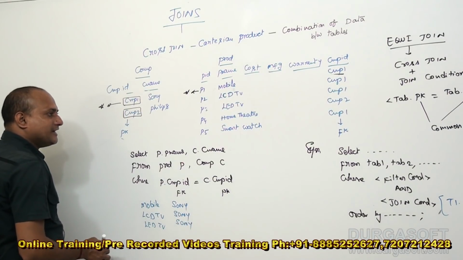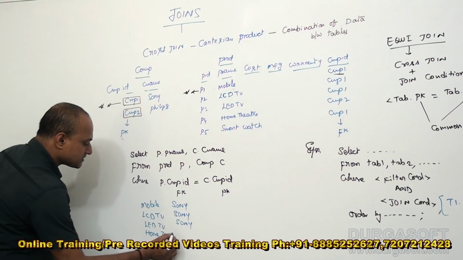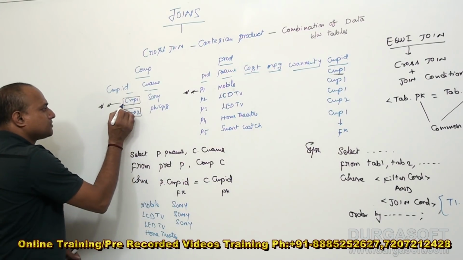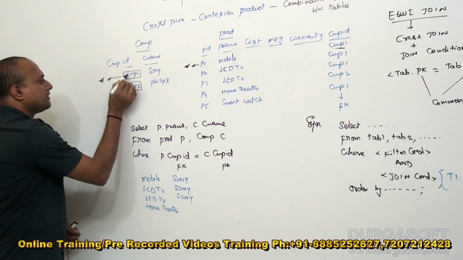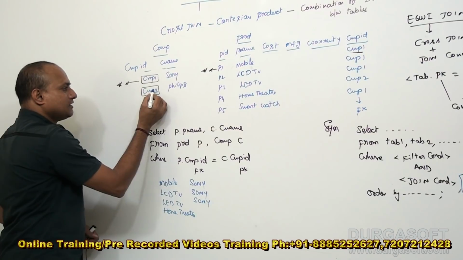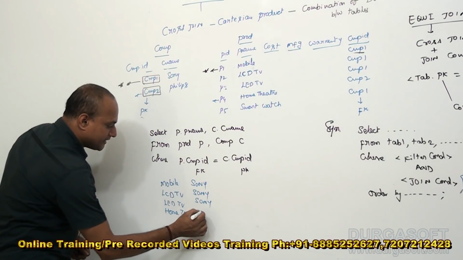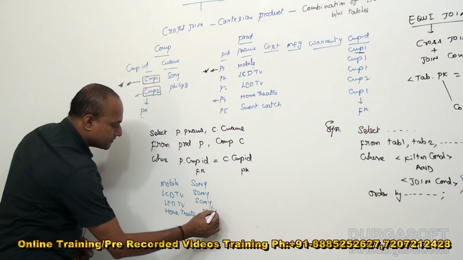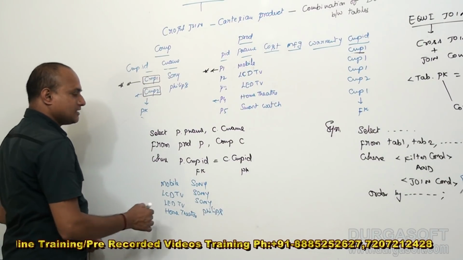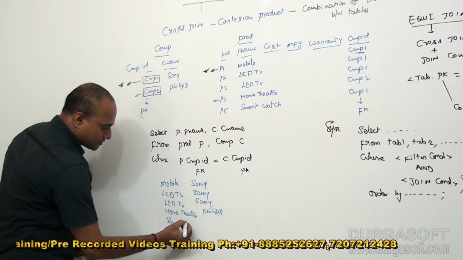Next, home theater. This is from company 2. So CMP2 not equal to CMP1. Here CMP2 equal to CMP2. So matching record and matched record. So home theater, and it will display Philips. Next, smartwatch. Then it will display again Sony.